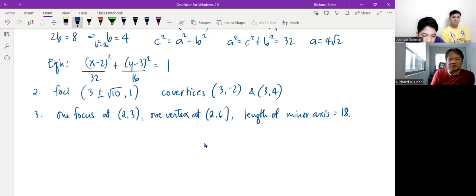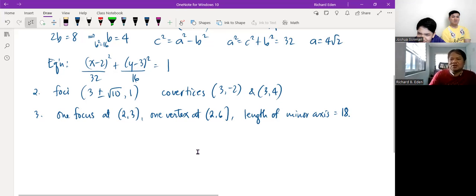But first things first, from the given coordinates, can we decide if the ellipse is horizontal or vertical? So one vertex and the focus, we only have a minus c, and when we only have the minor axis, we cannot determine whether the major axis is actually greater than the minor axis. Well, by definition, the major axis should be longer than the minor axis.